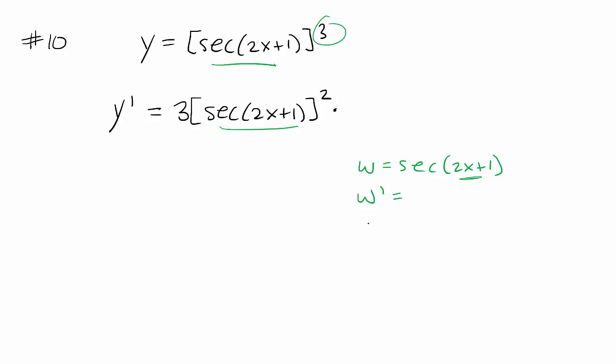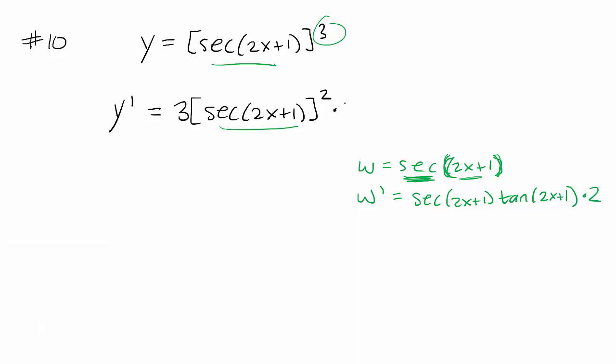So secant's the outside, the 2x plus 1's the inside. So I take the derivative of the outside first. So the derivative of secant is secant tangent, and then you would have to chain on the derivative of the inside. Inside is that 2x plus 1, so the derivative of that inside would be 2. Let's multiply that to the back.